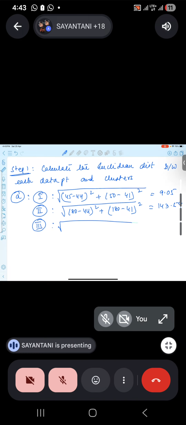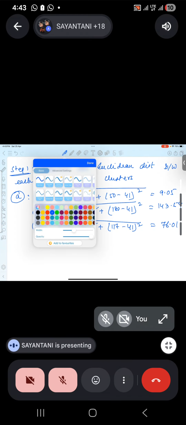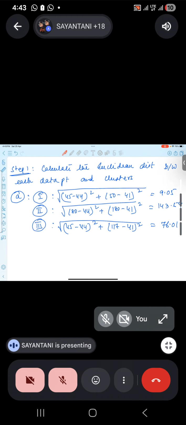For 3, it is going to be again (45 minus 44) whole square plus (117 minus 41) whole square. So for data point A, with respect to all the cluster centroids, you have found the Euclidean distance. Now you have to mark the Euclidean distance that is minimum. So this one is minimum.